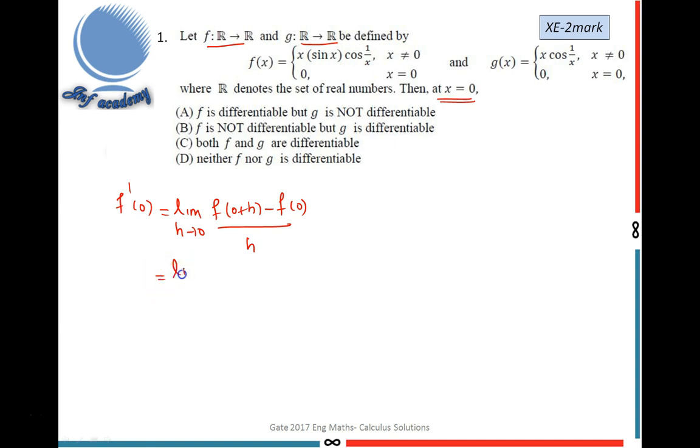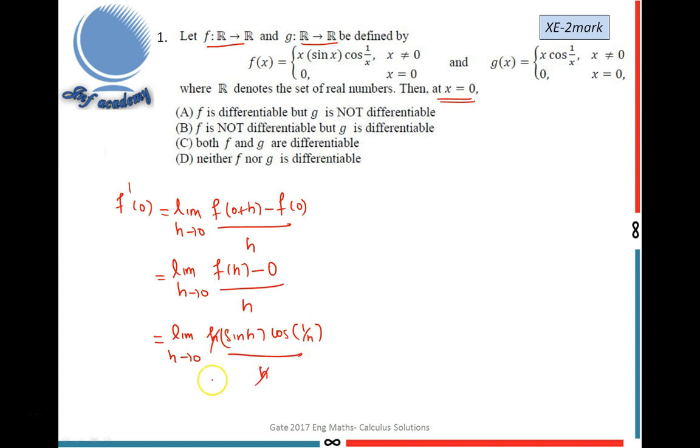That means limit h tends to 0, f of 0 plus h, that is f of h, minus f of 0. The value of f at x equal to 0 is 0, so this is 0 divided by h. And f of h is h sin h cos of 1 by h, divided by h.